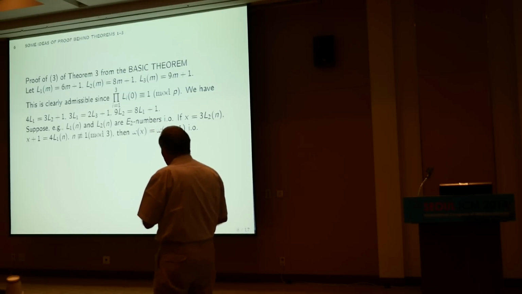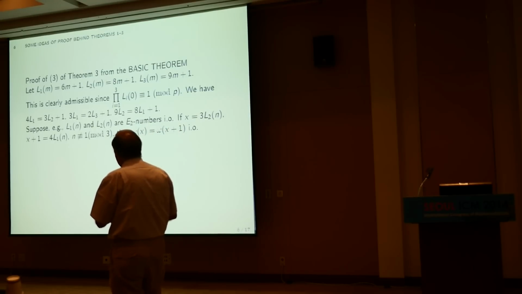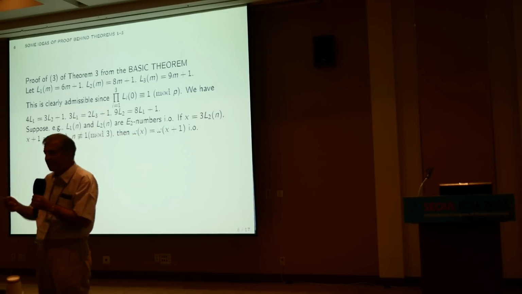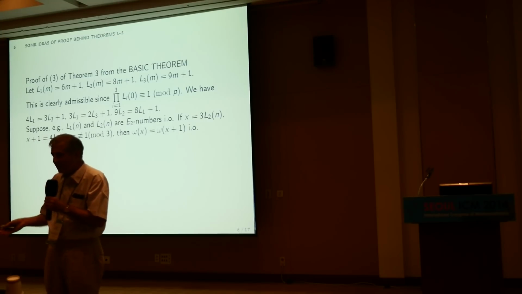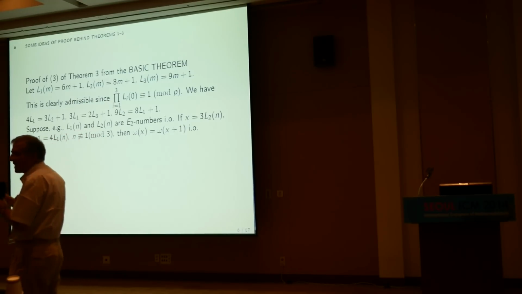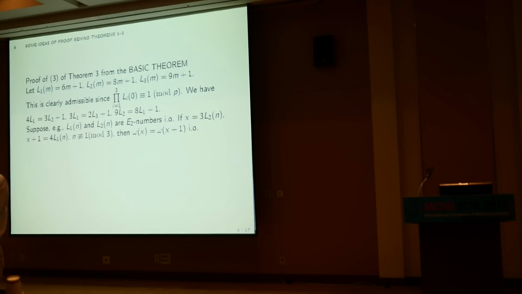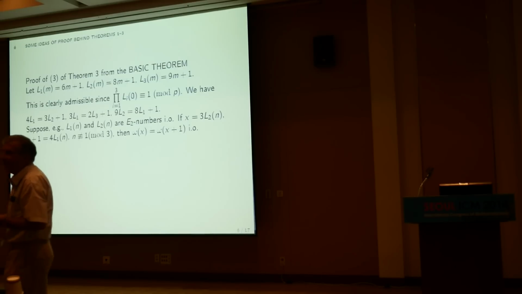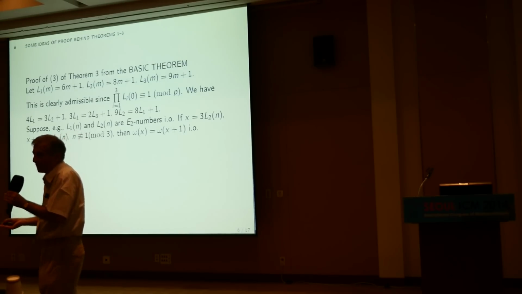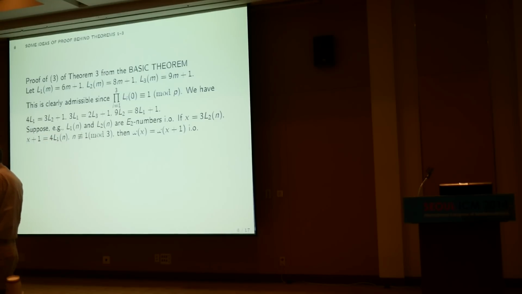So for example, if we suppose that L1 and L2 both have exactly 2 prime divisors, larger than 3, then this relation says that 4 times L1 and 3 times L2 are neighboring integers always. And if L1 and L2 have exactly 2 prime factors, then clearly 4L1 has 3 prime factors, 3L2 has 3 prime factors as well.